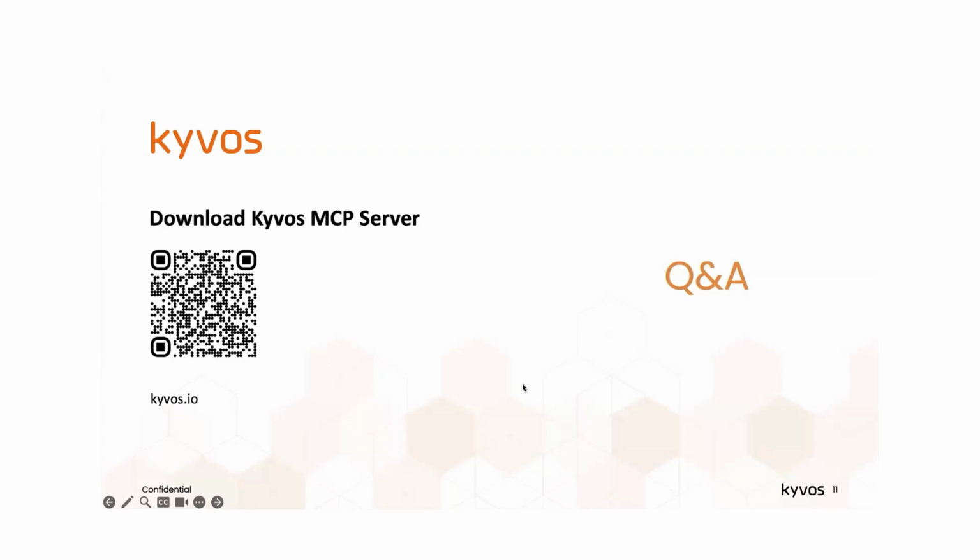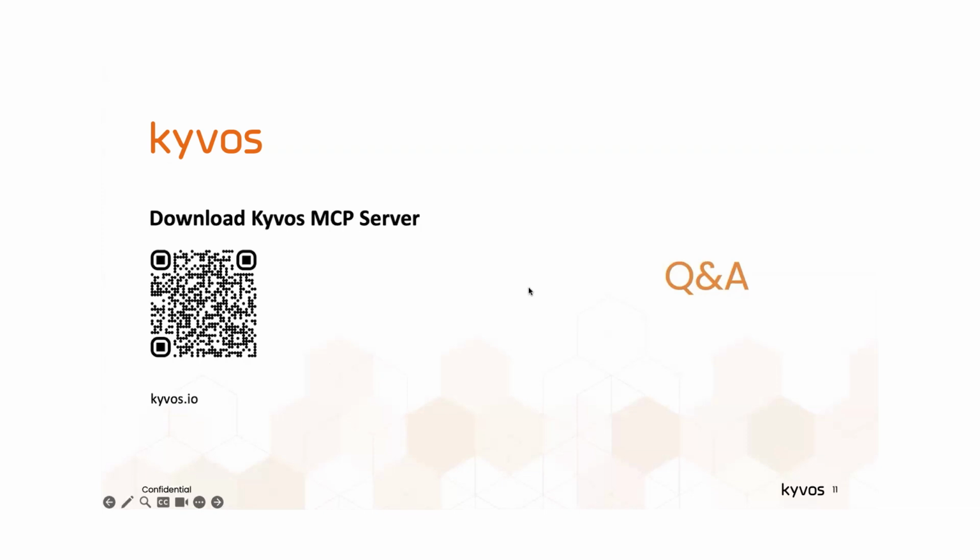The other question is, can Kyvos MCP be used in enterprise system? For example, to get SAP HANA data or Azure Synapse data in my AI application? Yes, Kyvos MCP can be used in enterprise system, and you can fetch the data of SAP HANA or Azure Synapse in your AI application via Kyvos semantic model.